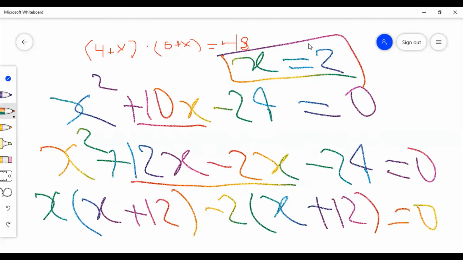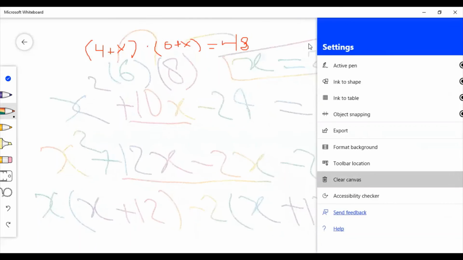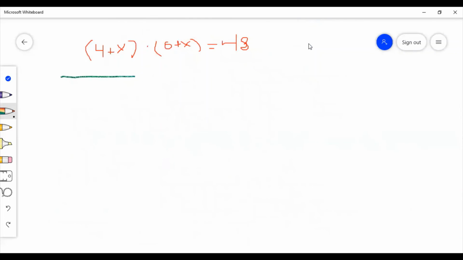So in this way, the new dimensions will be 6 and this will become 8. 6 times 8 is 48. So this was the more mathematical solution. But one thing more, if you are adopting another technique, that was the original garden, that is 6 into 4.